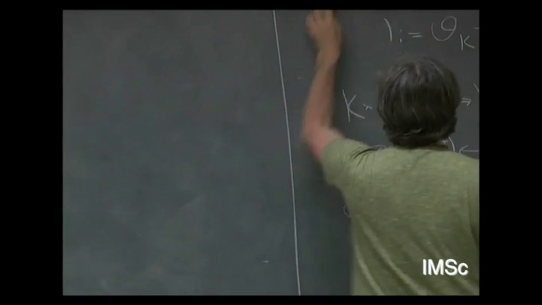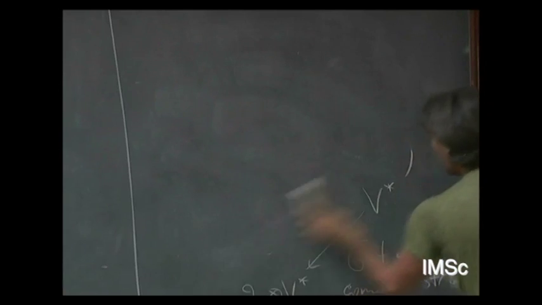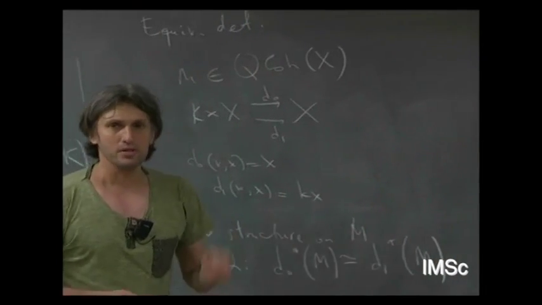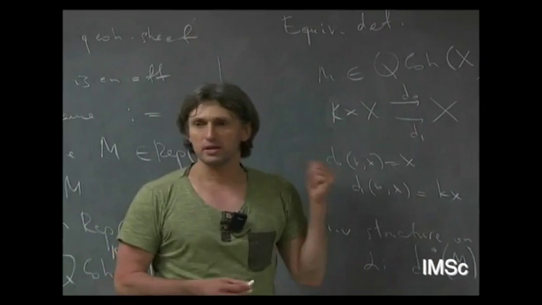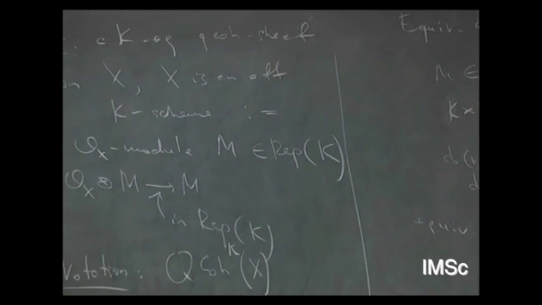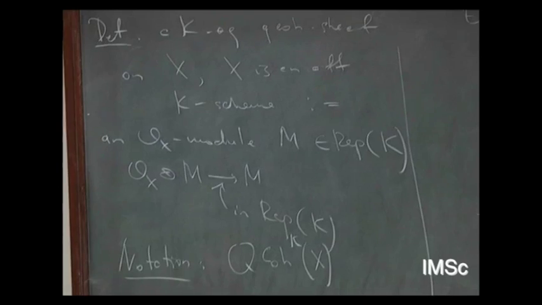There are usual push forward and pull back operations on quasi-coherent sheaves, and pull back can be directly upgraded to equivariant sheaves, and push forward requires more work, but it can be defined just as right adjoint to pull back. So I'll be using as a black box existence of pullbacks and push forwards in this picture with quasi-coherent sheaves. Well, we know that these functors are not exact.